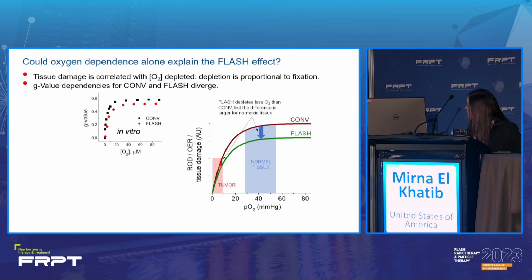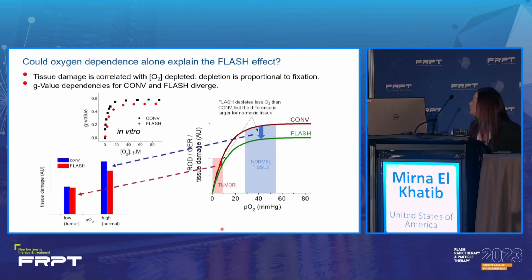The difference in the more hypoxic region disappears between FLASH and conventional, and this is exactly what is observed in the FLASH effect. So less tissue damage is caused in the normoxic region because less oxygen is being depleted by FLASH, but in the hypoxic region, where essentially the difference disappears, we see tumor control.